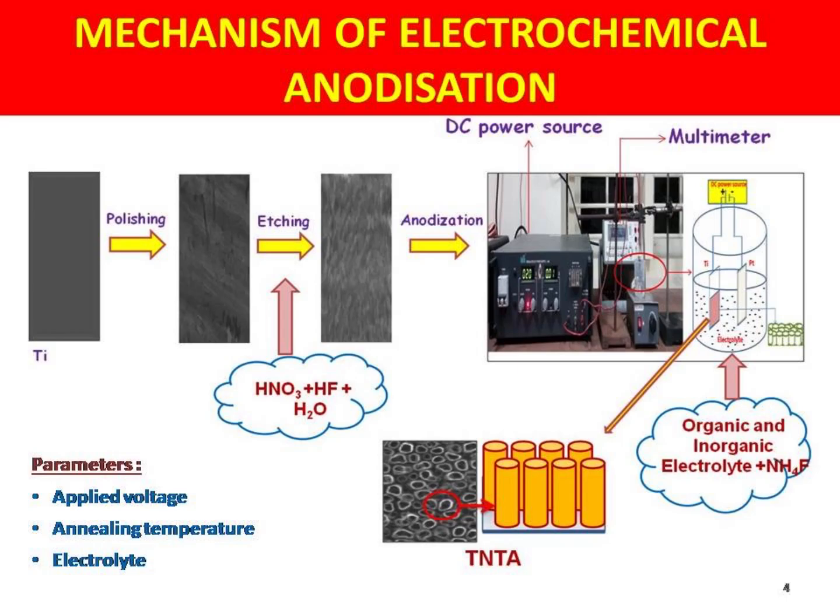The electrolyte contains organic and inorganic electrolyte containing F minus. After applying the potential, the surface morphological studies are carried out using SEM. The main parameters in the anodization process are applied voltage, annealing temperature and electrolyte.